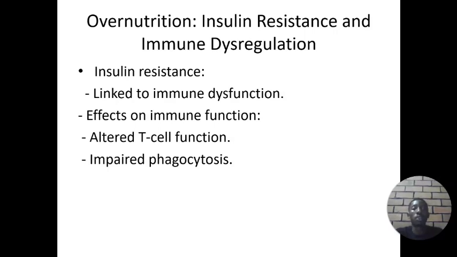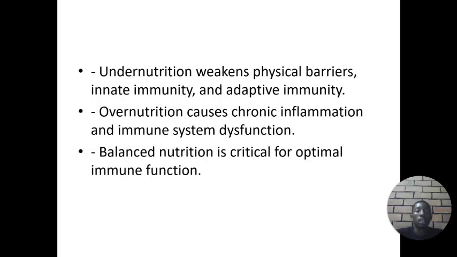That fat tissue is going to produce pro-inflammatory products, which are going to cause inflammation and insulin resistance. Insulin resistance is linked to immune disorder and affects immune function, causing attenuated T cell function and impaired phagocytosis.